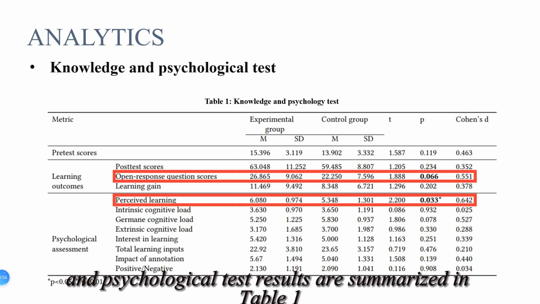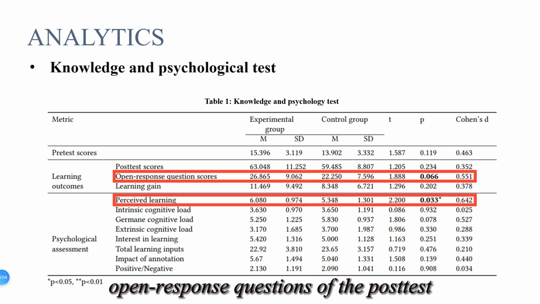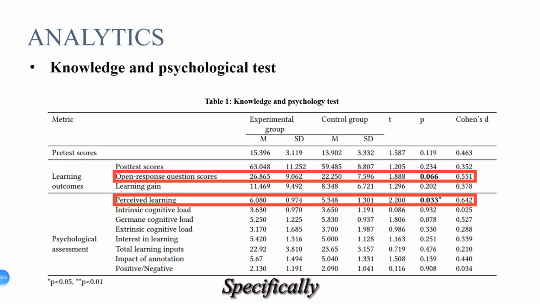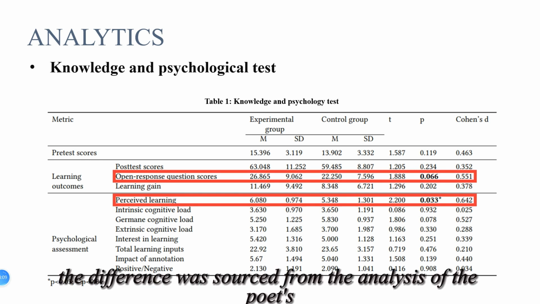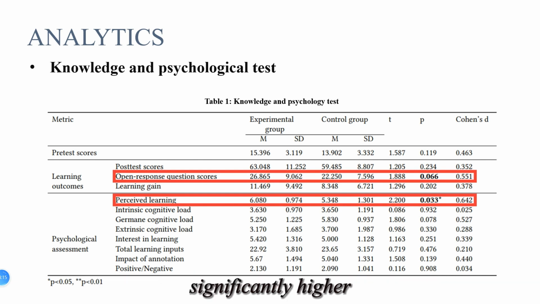Knowledge and psychological test results are summarized in Table 1. There was a borderline significant difference in the open response questions of the post-test. Especially, the difference was sourced from the analysis of the post-experience, and the experimental group students scored significantly higher than the control group students.